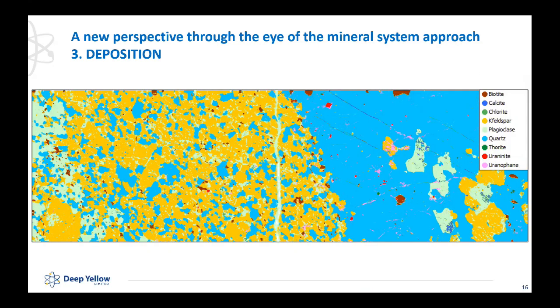Now this is a phase-mapped image of the same sample, of the same scan. So there's mainly a lot of quartz. The orange is K-feldspar, and the pale green is plagioclase. And I think it's mainly albitic plagioclase.